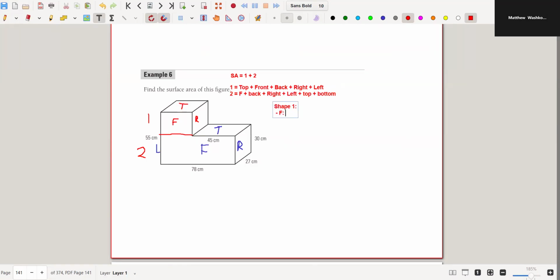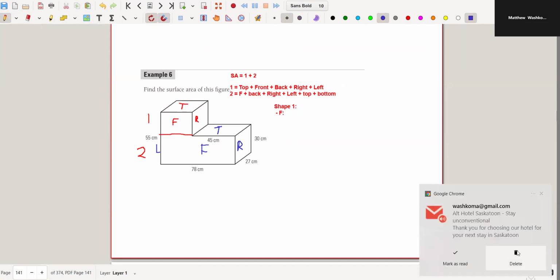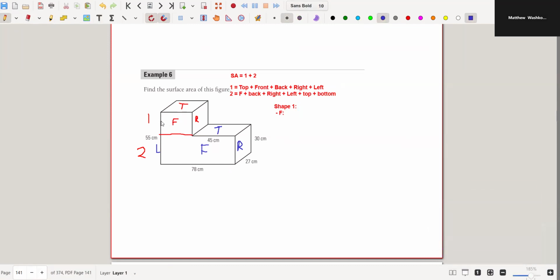The front is, well, how tall is this part here? This part here, well, the whole thing's 55. If this part of it, so this line's 30, that means this line's 30, which means this line's 30. 55 minus 30, oh, it's 25.